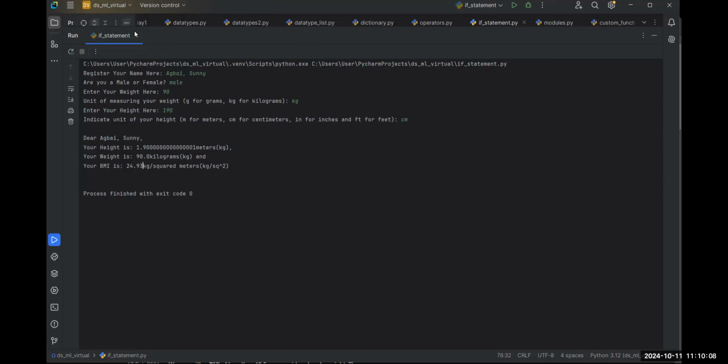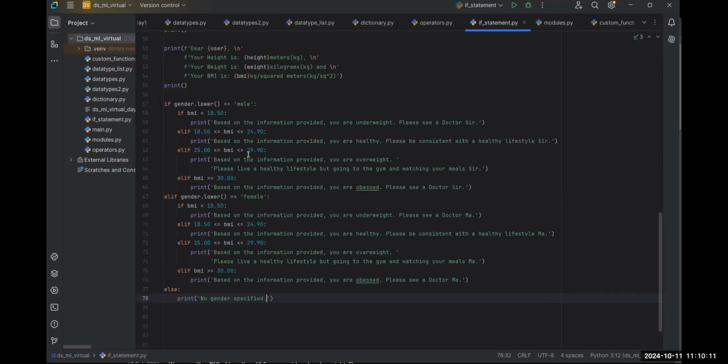Okay, now let's go back to our code. We said 20 less than or equal to, oh, okay, yes, so the BMI is just a little above 9.0. Okay, we said here, for those who are overweight, have you seen, we have been able to point out an error. We said that anybody whose BMI is less than or equal to 29, they should print the information that they are overweight.